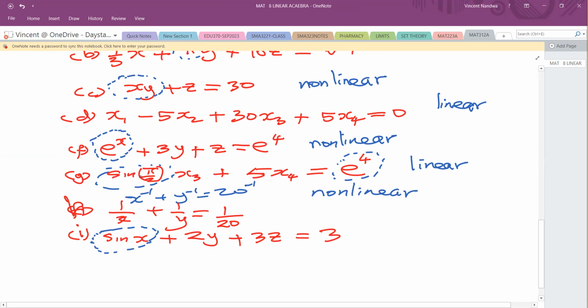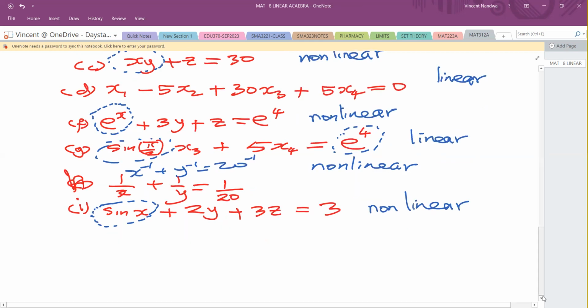Earlier it was sine pi over 2, which is a number. This is not a number. This is a function, sine of x. So which type of equation will that be now? Sine is a nonlinear function, so this is nonlinear.